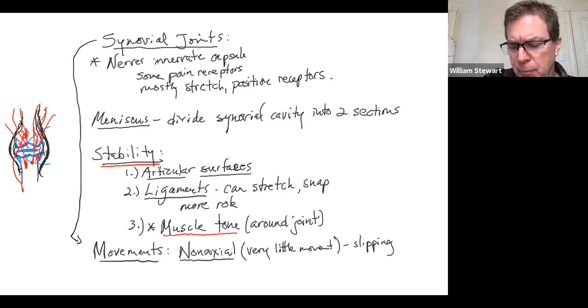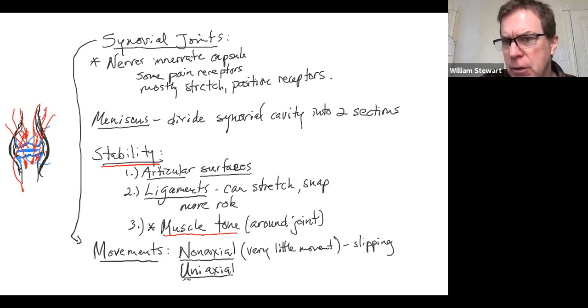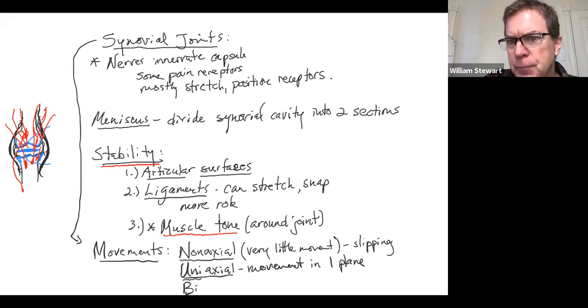The term uniaxial means that we do have a fair amount of movement, but it's only in one axis, hence the prefix uni. So I'm just going to write movement in one plane, P-L-A-N-E. Biaxial would be movement in two planes.